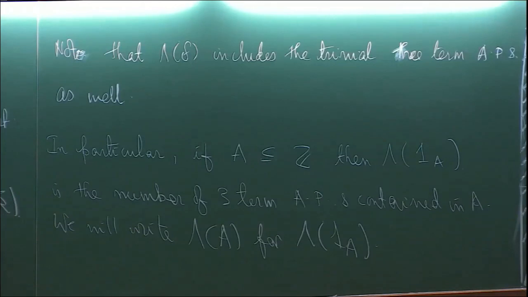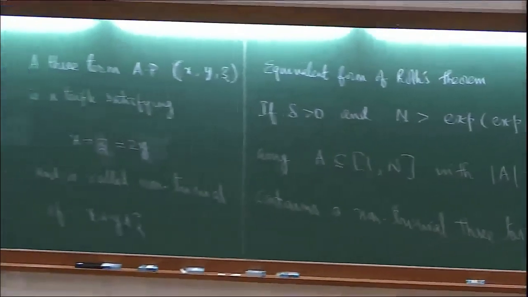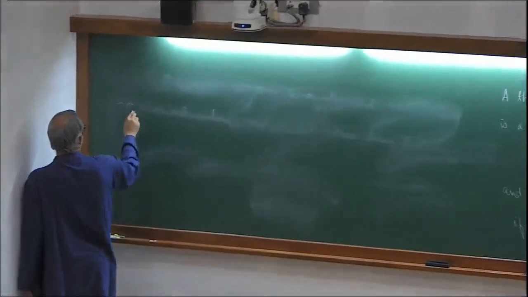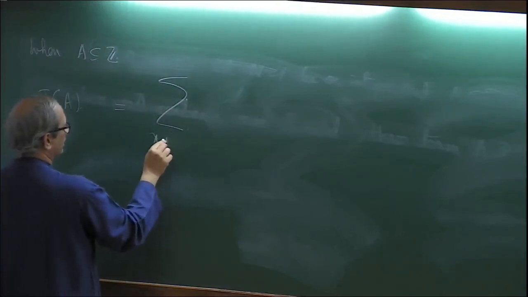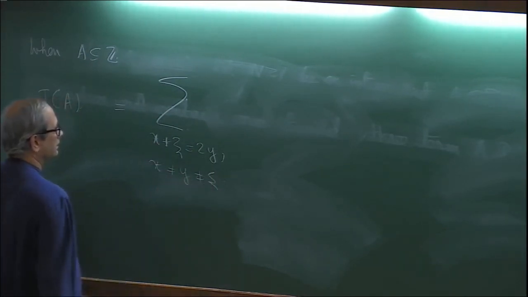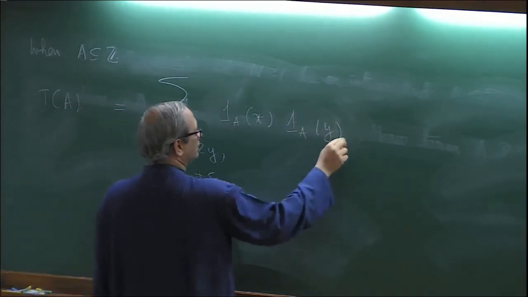Now, another thing which will naturally count the number of non-trivial solutions in A. Analogously, one could define T of A. When A is a subset of Z, T of A is the sum over x plus y, x plus z equal 2y, this time with the condition x, y, z distinct, of 1_A(x), 1_A(y), 1_A(z).